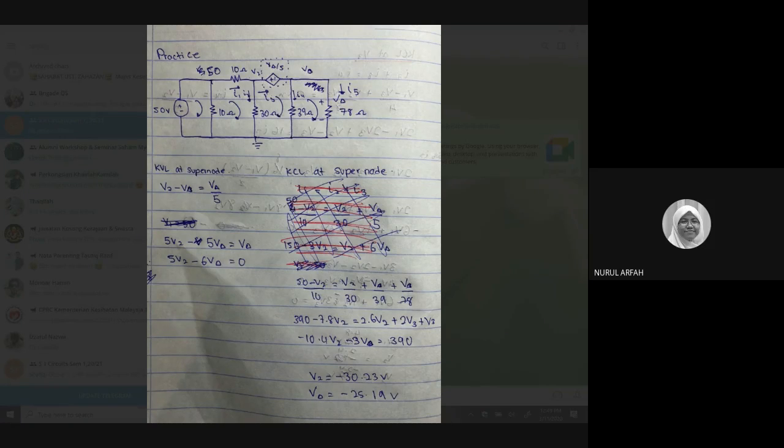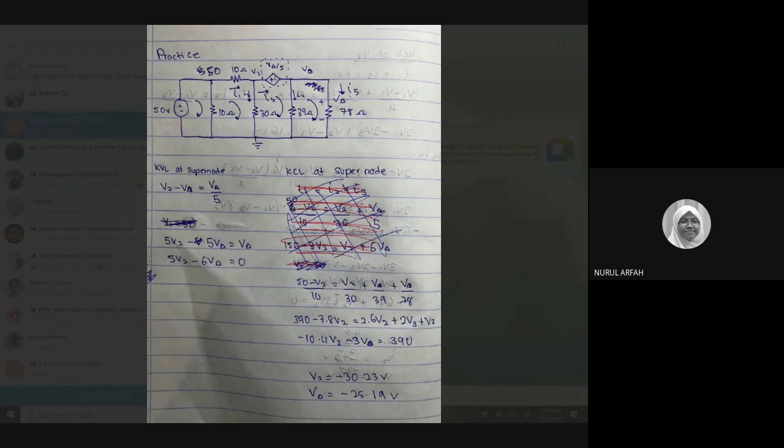This is 5 V2, betul. This part. 50 minus V2, betul. 390 V2 and minus, betul, 7.8 ni dengan 2.6 betul.